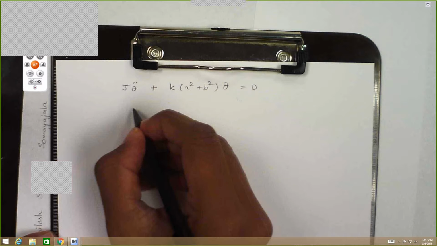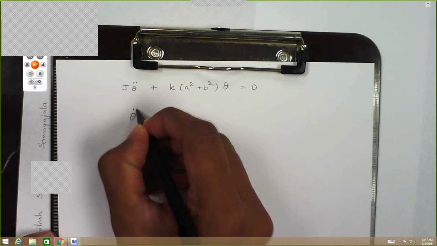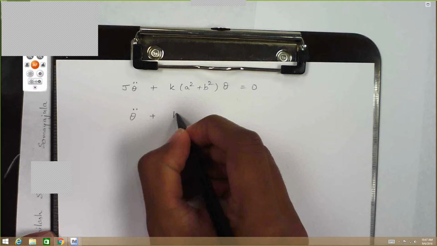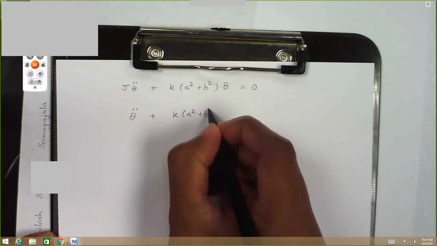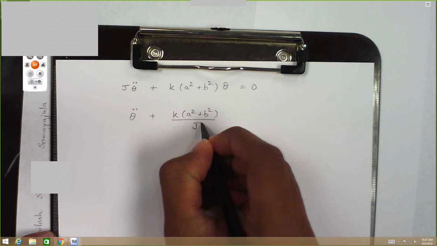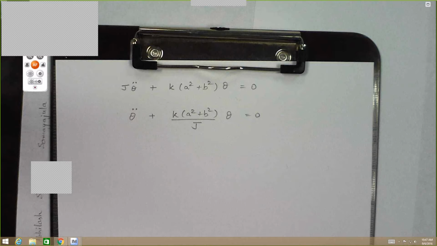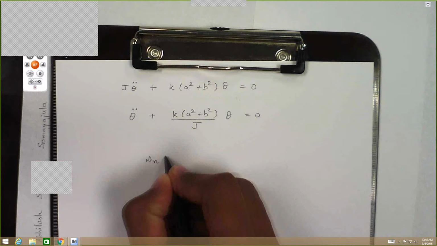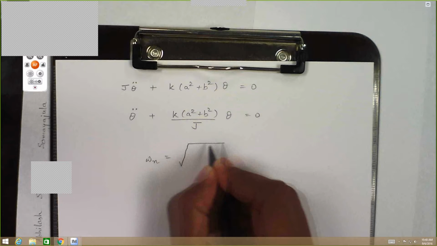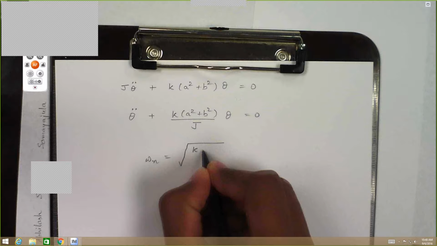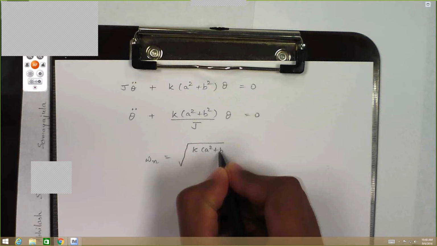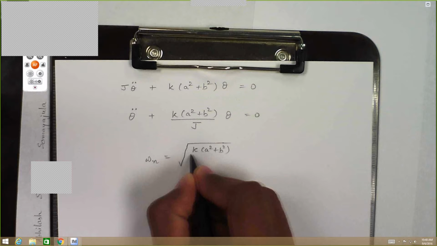Or in other words, we can rewrite it as theta double dot plus k times (a squared plus b squared) by J times theta equal to 0. So what is the natural frequency now? It's pretty easy, right? The natural frequency of the system is nothing but the square root of this quantity, k times (a squared plus b squared) by J.